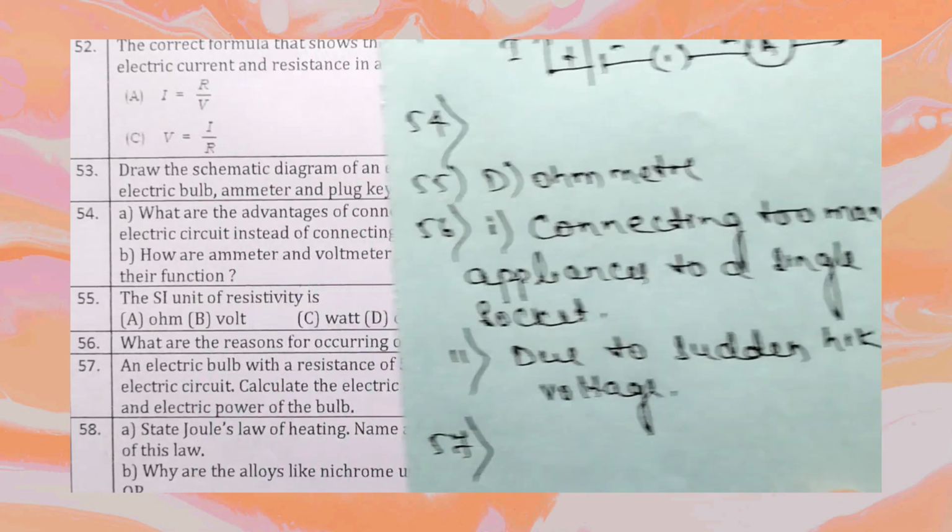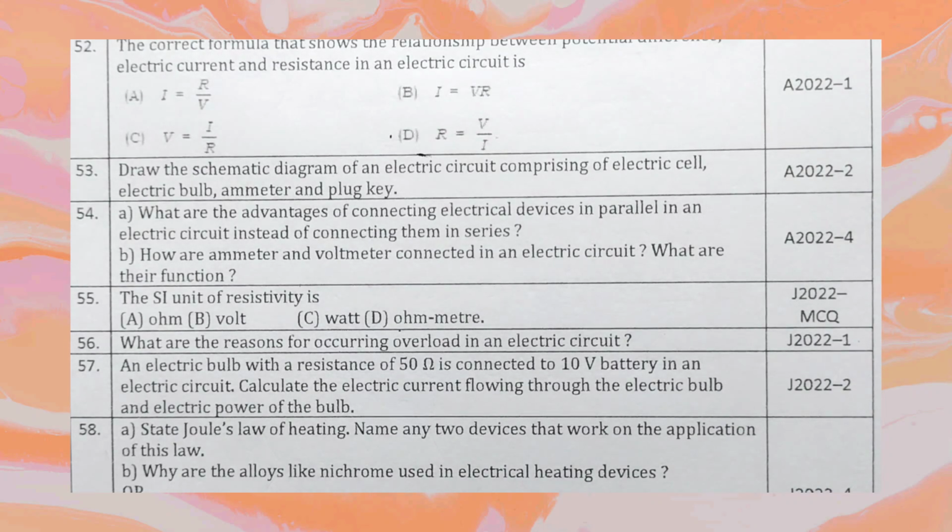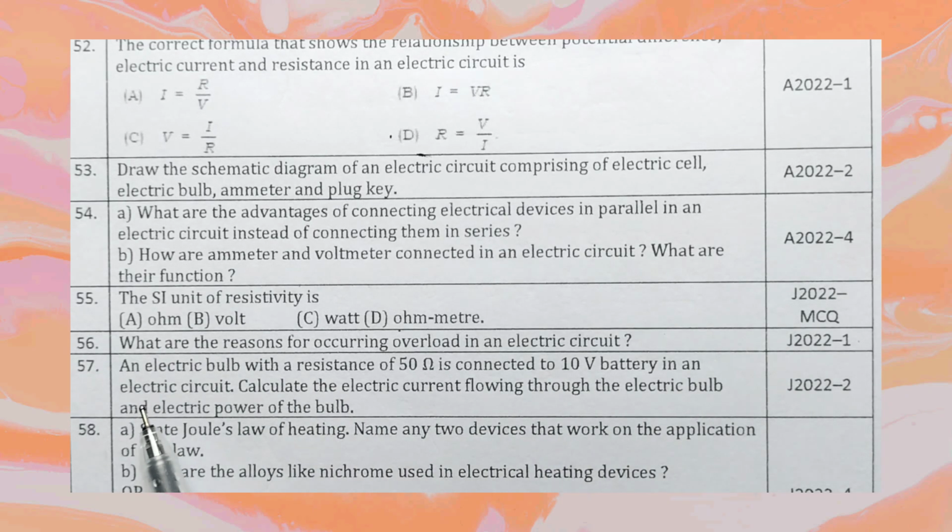So now let us move to the 57th question. An electric bulb with a resistance of 50 ohm is connected to a 12 volt battery in an electric circuit. Calculate the electric current flowing through the electric bulb and the electric power of the bulb. Resistance 50 ohm, voltage 10 volts. First let us find the current, then let us calculate power.